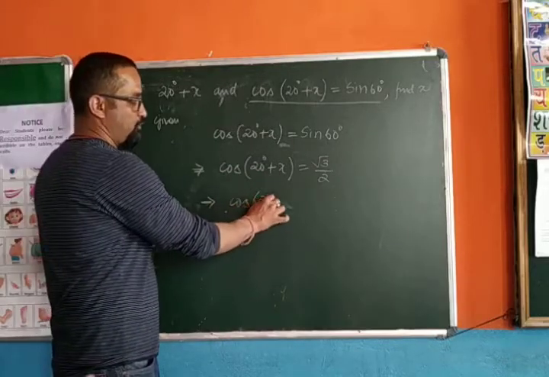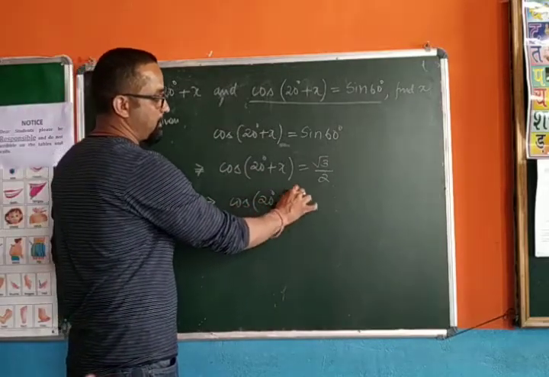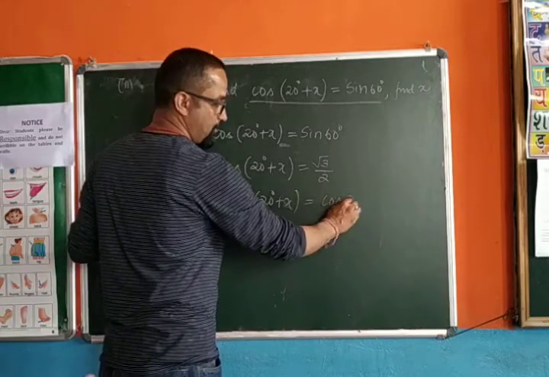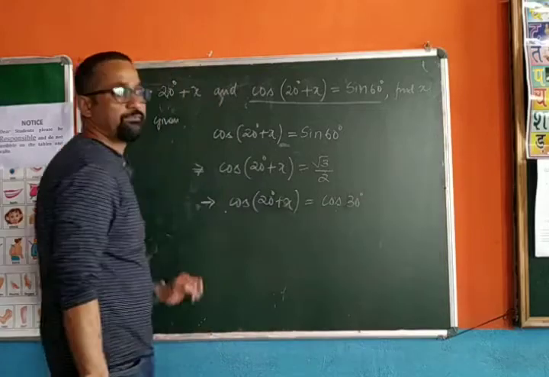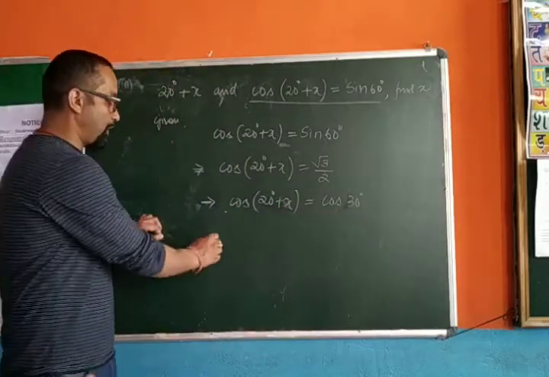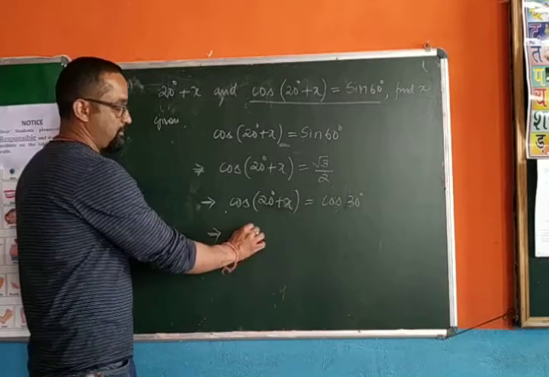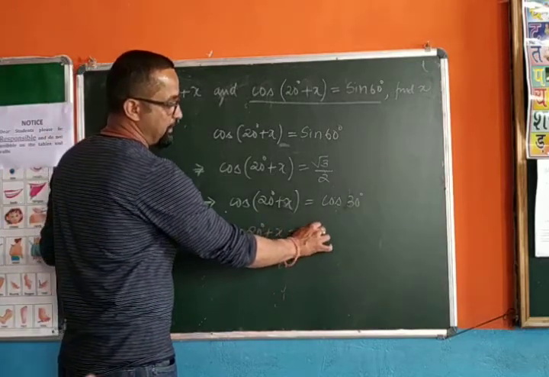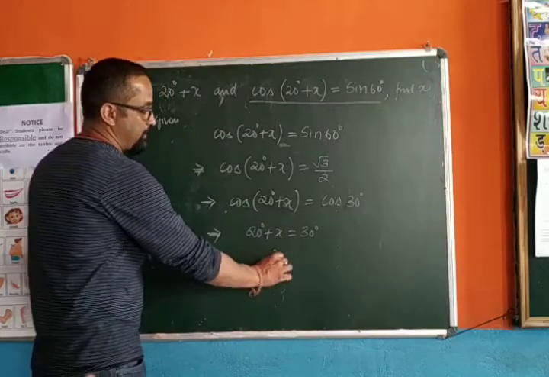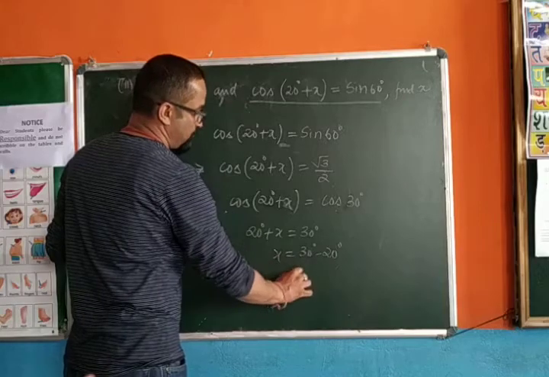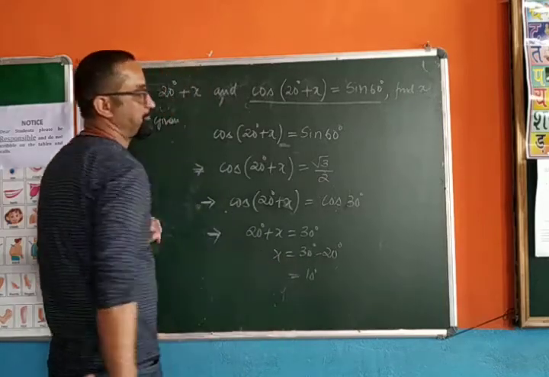Cos 20 degree plus x equal to cos 30 degree. You have cos either side. Now equate the angles. 20 degree plus x equal to 30 degree. X equal to 30 degree minus 20 degree, which is equal to 10 degree.